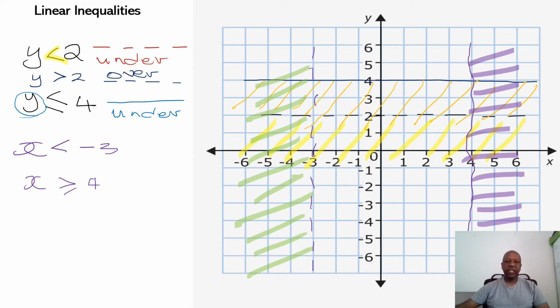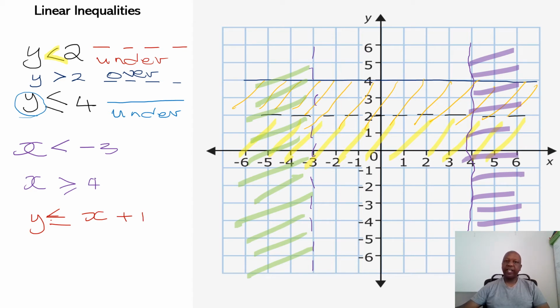Now, you might be given also a graph that has a gradient that is non-zero, or a gradient that is defined. So, for an example, y is less than or equal to x plus 1.